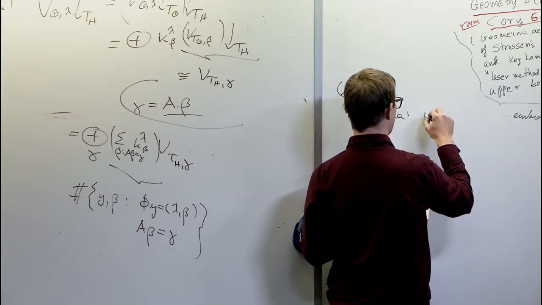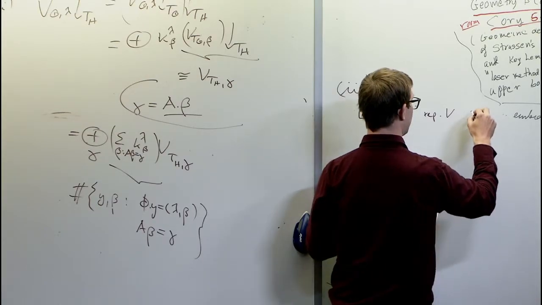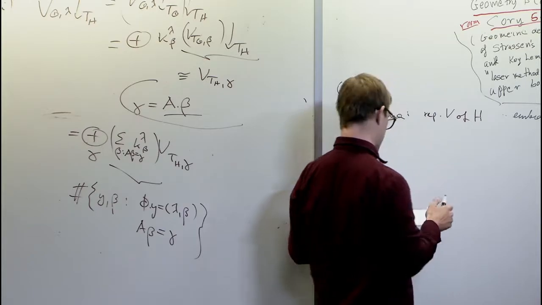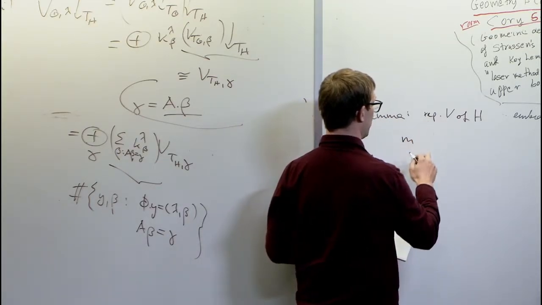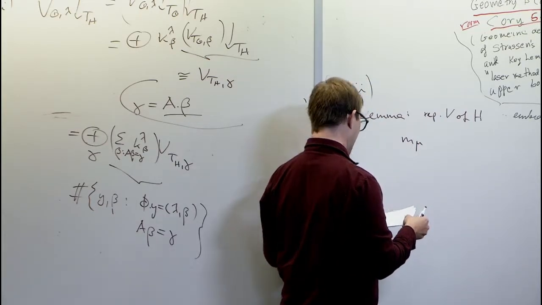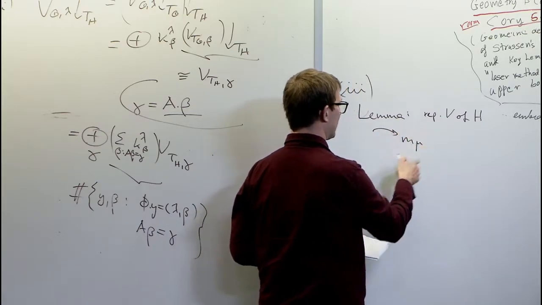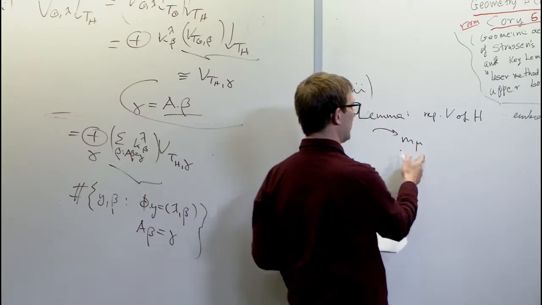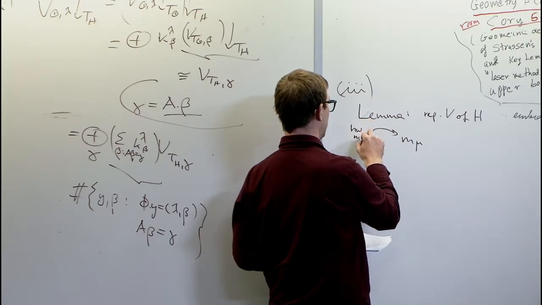So if I'm given some representation V of, in our case now, H, it's not necessarily irreducible. I can look at the multiplicities. This here is the multiplicity function. This is the number of times an irrep mu occurs in V. This is the highest weight multiplicity.